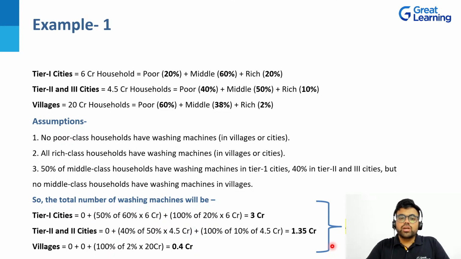So after solving all these things, we considered all the assumptions that no poor household would have washing machines, that all the rich class would own washing machines, then 50% of the middle class households would have washing machines in tier 1 cities, 40% in tier 2, tier 3 cities, and no middle class in the villages. So all these assumptions are made. Now, what is the thing that you need to do? So while you are taking all these assumptions, you have to talk to the interviewer.